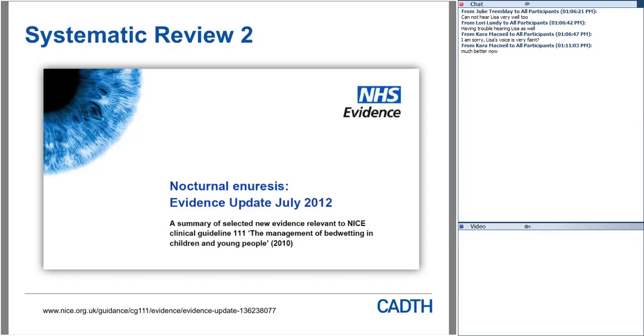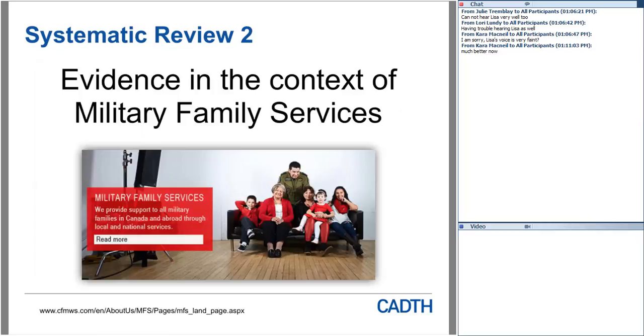Thank you, Jeanette. Next slide, Gada. Thank you. So we've touched a bit today on health evidence. We've defined what that is and what that is not, and provided a brief introduction to what CADTH is and what we do.